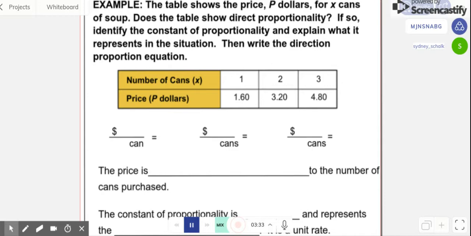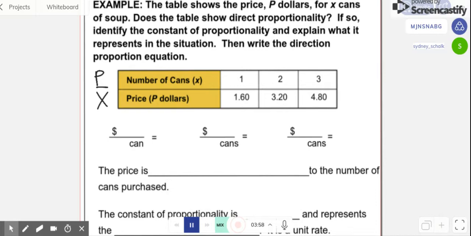All right, this example says the table shows the price, $P, for X cans of soup. Does the table show direct proportionality? If so, identify the constant of proportionality and explain what it represents in the situation. Then write the direct proportion equation. So our variables in this case are X and P. Well, our P is like our Y, it's our output. So we're going to put P over X in this case.